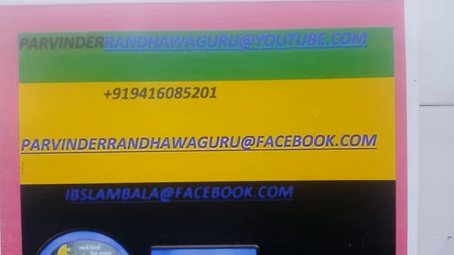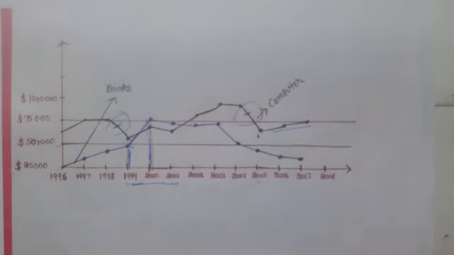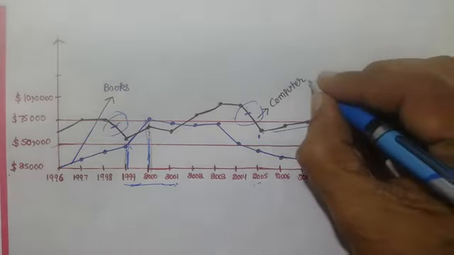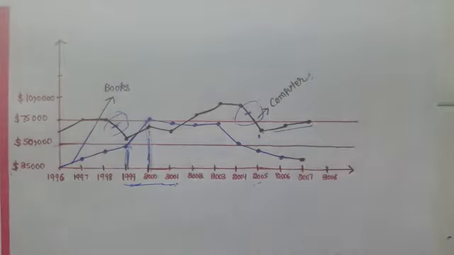So this is the same line graph, if you remember, the one we worked on with books and computers. In this case also I am going to work on this one. So let's go on this one.